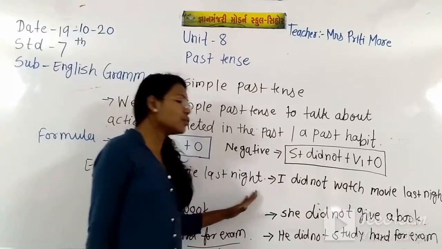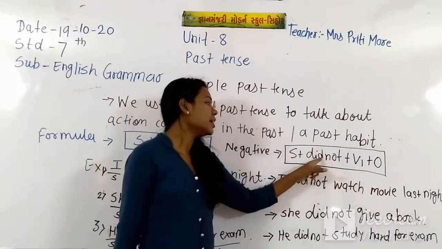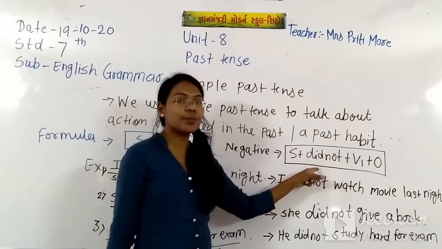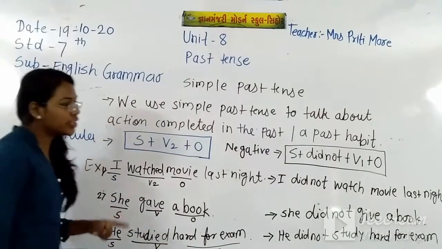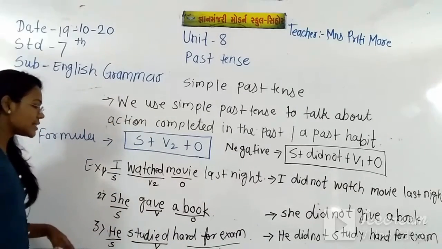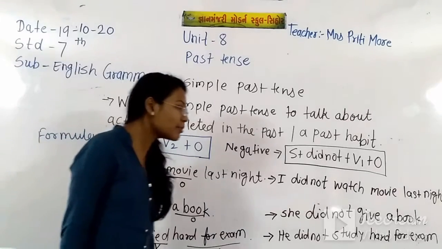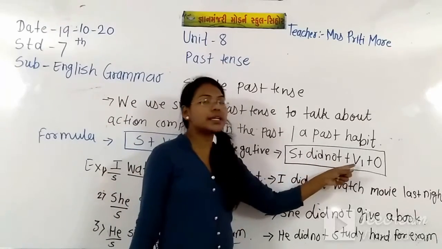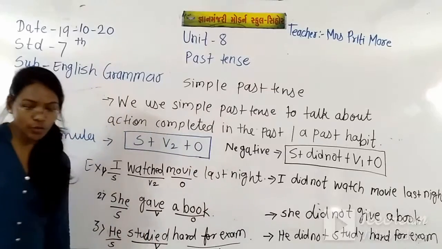And the negative of this sentence is I did not watch movie last night. We add all the words in this formula for making the negative sentence. She gave a book. She did not give a book. He studied hard for exam. He did not study hard for exam. If we add did not, so V2 becomes V1. So you just note down all this in your notebook.